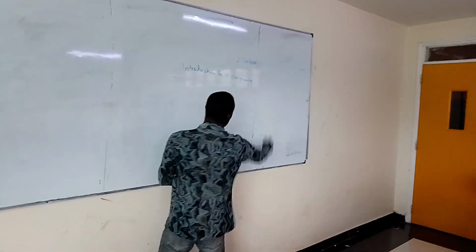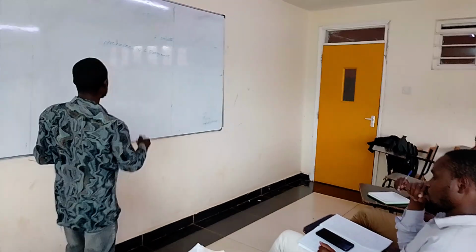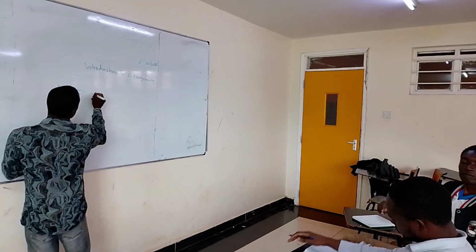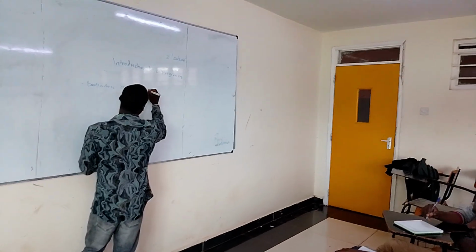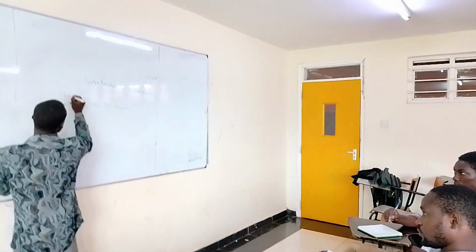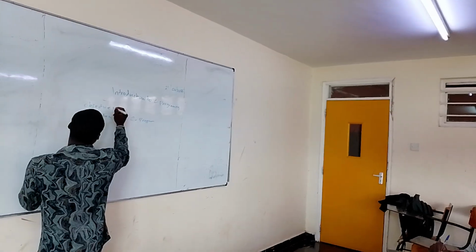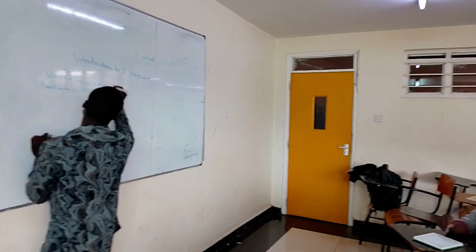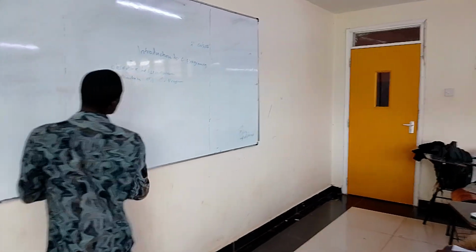So in our class today, we'll discuss the definition of C programming. These are our objectives, or lesson outcomes. After the definition of C programming, we'll see why learn C programming.